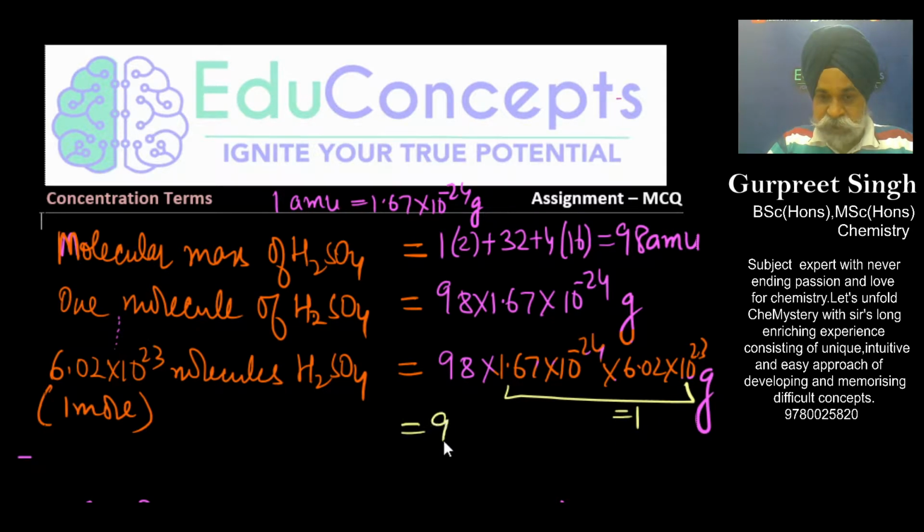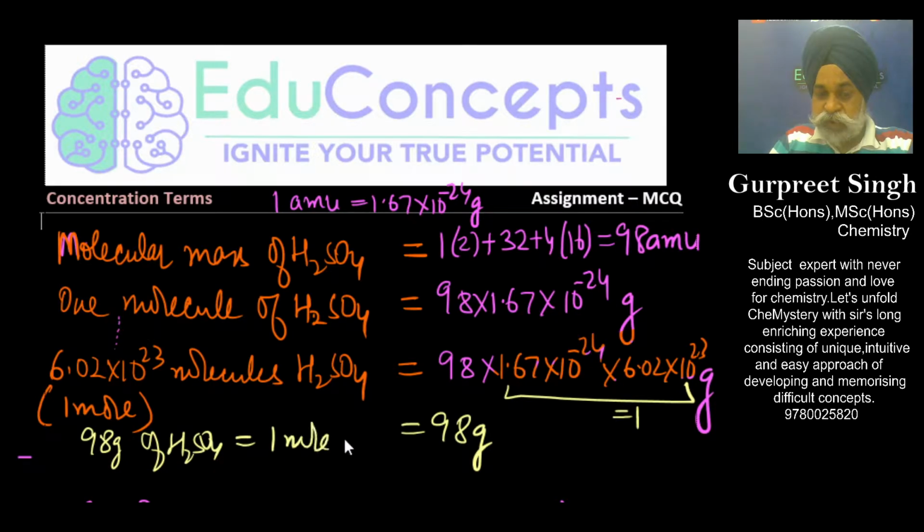So this makes 98 grams. So the matter of fact is that 1 mole of any substance equals its molecular mass, but taken in grams. So I may say that 98 grams of H2SO4 consists of 1 mole of H2SO4 particles or molecules.